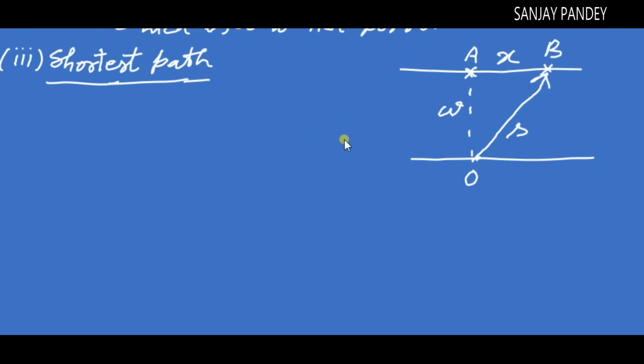Shortest path. If W is the width of the river and x is the drift, then the path length S is given by S equal to square root of W square plus x square, since this angle is 90 degrees.